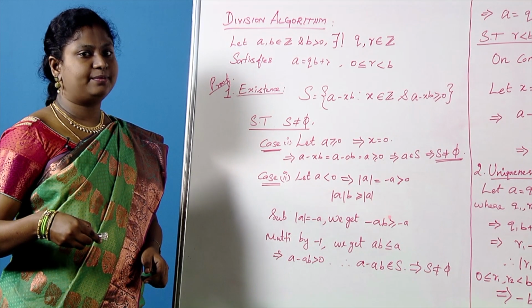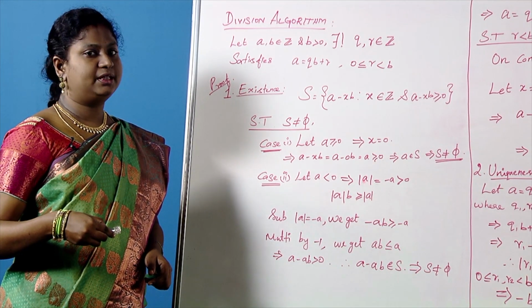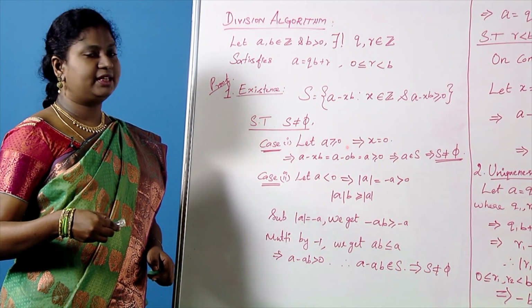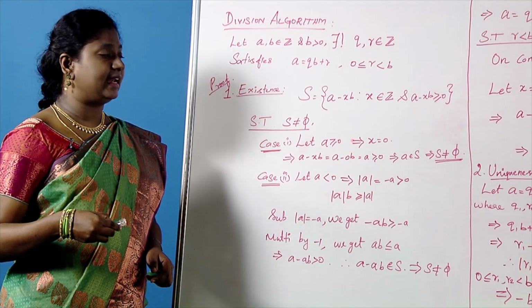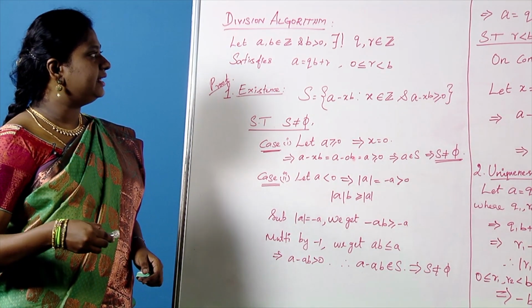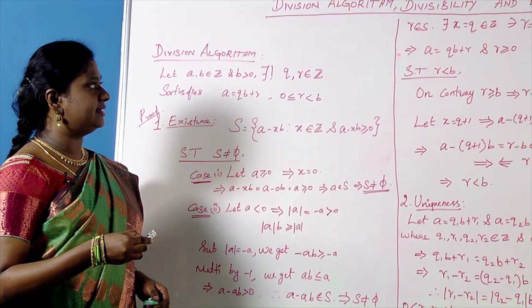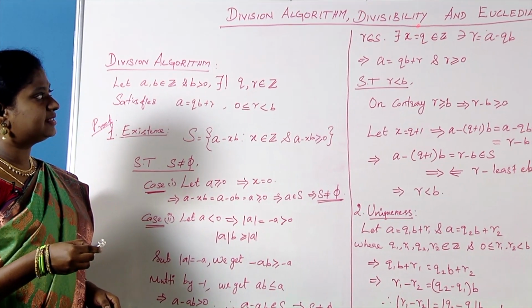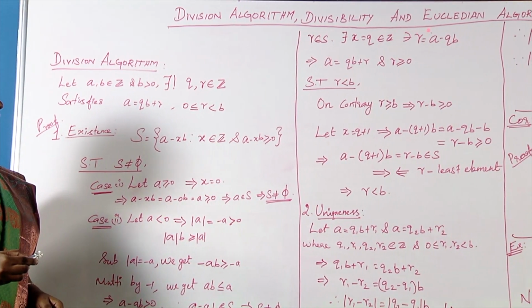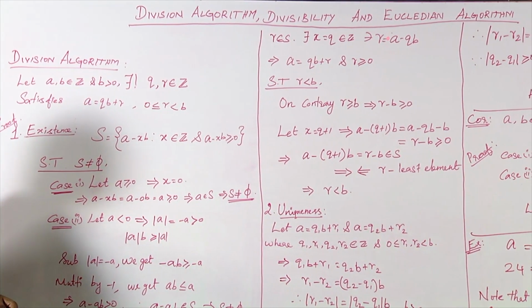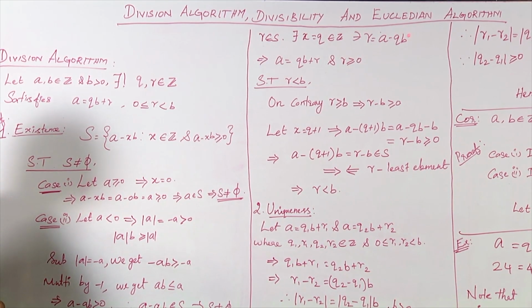Since S is non-empty, by well ordering principle, this set will have a least integer or least element. Therefore, I am going to take the least element to be r belonging to the set S. There exists x equal to q. I am going to have r to be of this form, r is equal to a minus qb.